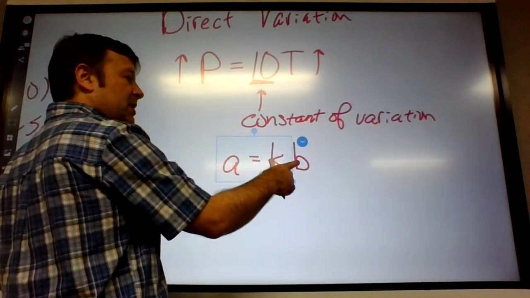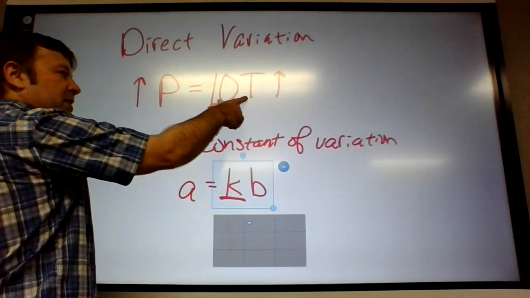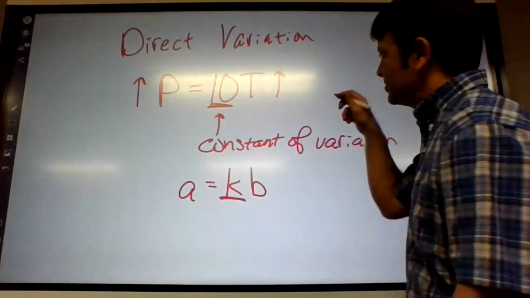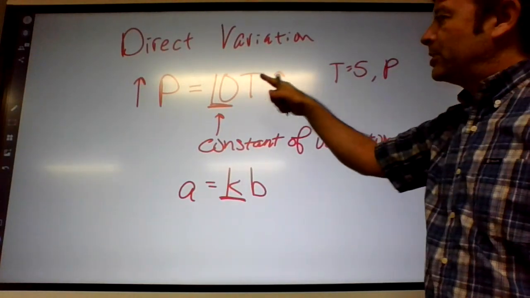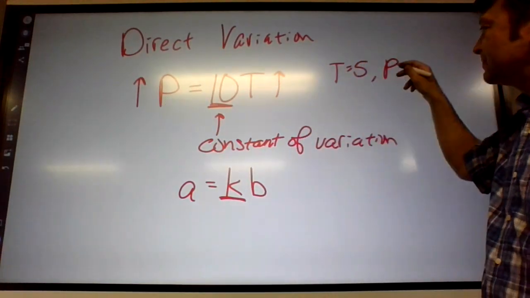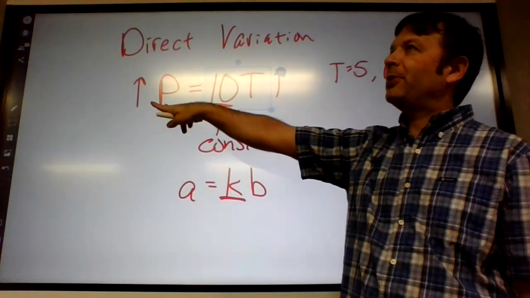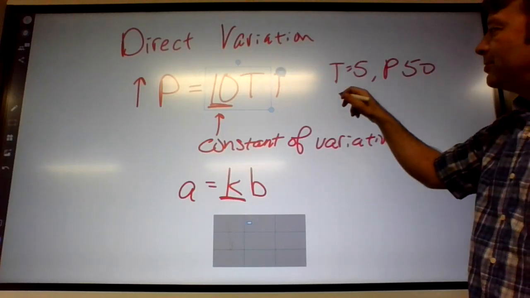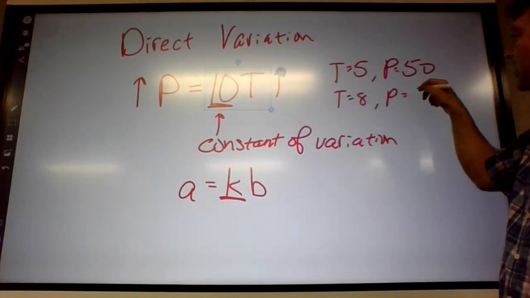A and B could be a lot of things. Like when T is 5, if we sold 5 t-shirts, what would our profit be? 50. 10 times 5. If we sold 8 t-shirts, what would our profit be? 80.